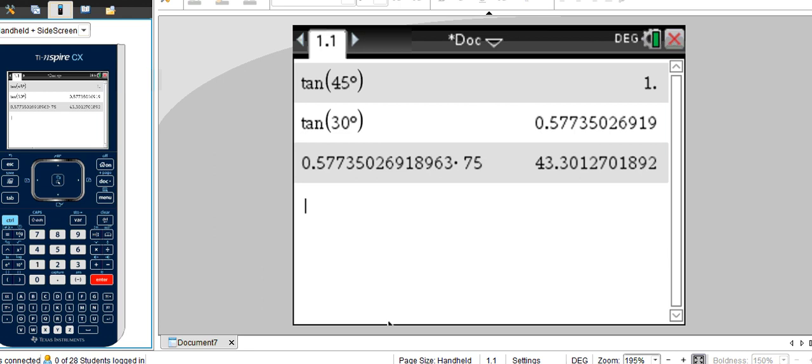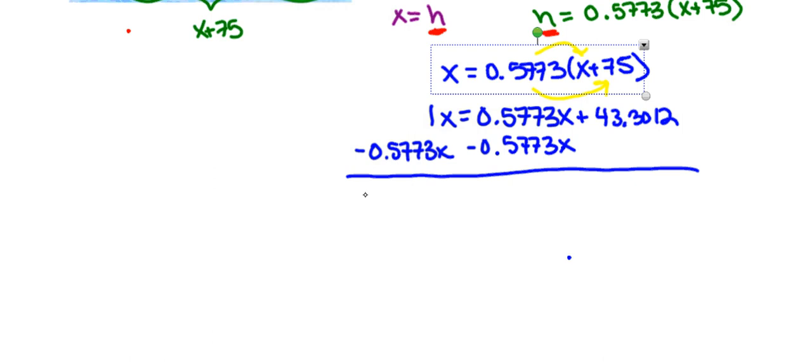So again, when I get my calculator out, I'm doing 1 subtract that entire decimal display from my calculator. So 0.4226 is equal to the 43.3012 number.